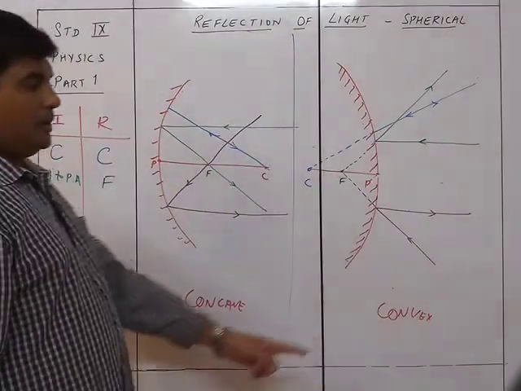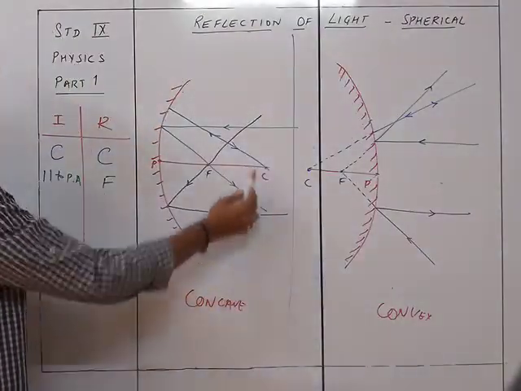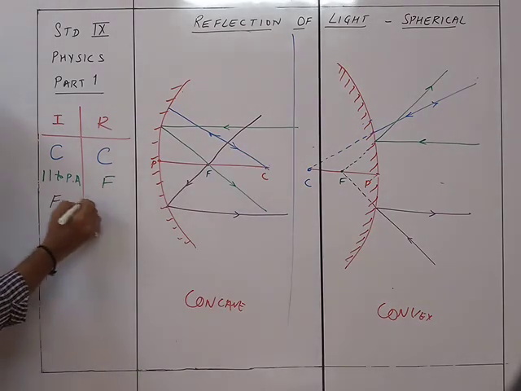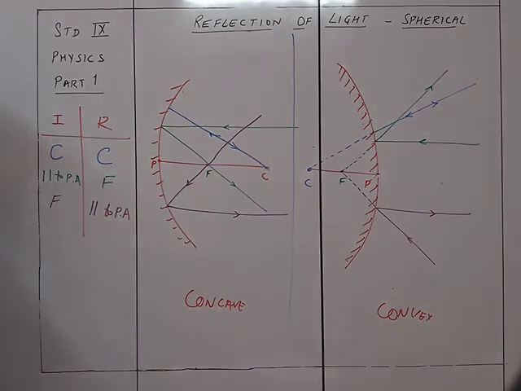Understood? Passing through the focus becomes parallel to the principal axis.